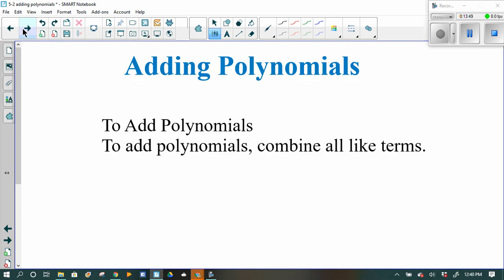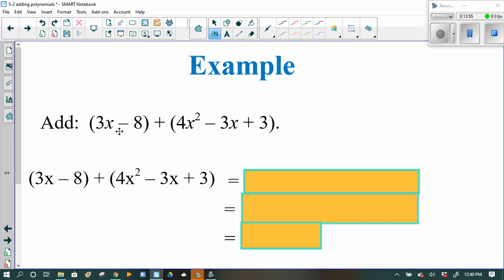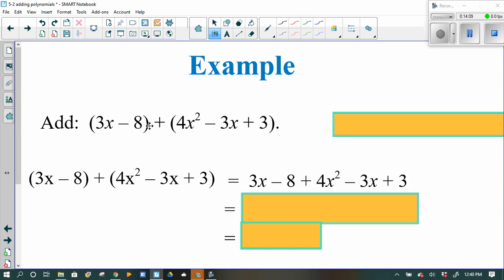All right, now when you're adding and subtracting them, it's still just called combining like terms, but you have to be careful, okay? Now, if I'm going to take this binomial, 3x plus 8, and add it to this trinomial, then you're going to remove the parentheses. As long as this is a plus sign, you just remove the parentheses, nothing changes. So now I have 3x minus 3x, so those two are going to cancel out. I have a negative 8 plus 3, and then I have this x squared, which doesn't have anything else.